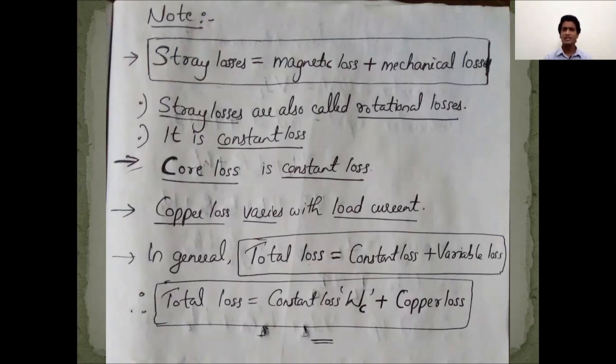In general, total loss of a DC machine can be written as constant loss plus variable loss, where constant loss is WC and variable loss means copper loss. To be precise, in a DC shunt machine, variable loss means only armature copper loss. In a DC series machine, variable loss is a combination of armature copper loss and field copper loss. Hope it is clear.